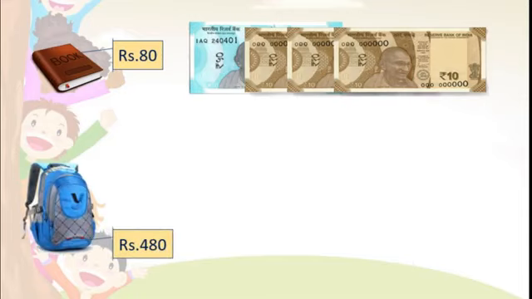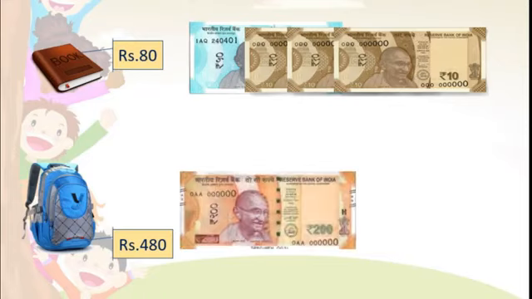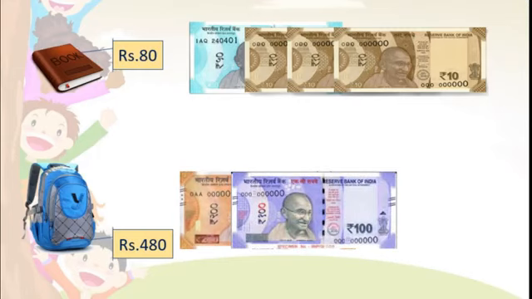Here we can see the bag of rupees 480. Okay. Now, how we can give this 480? By using 200, 100 notes. We'll see. This is the 200 note, 200 note. This became 400.